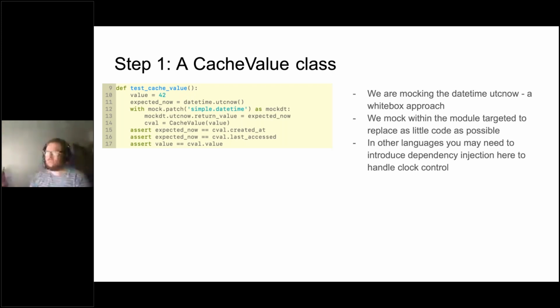You never really want to introduce variation like that into a test, but into a unit test in particular, there's no real reason to. It is worth saying that there are some languages where you might have to get into dependency injection here. What we're doing is monkey patching.